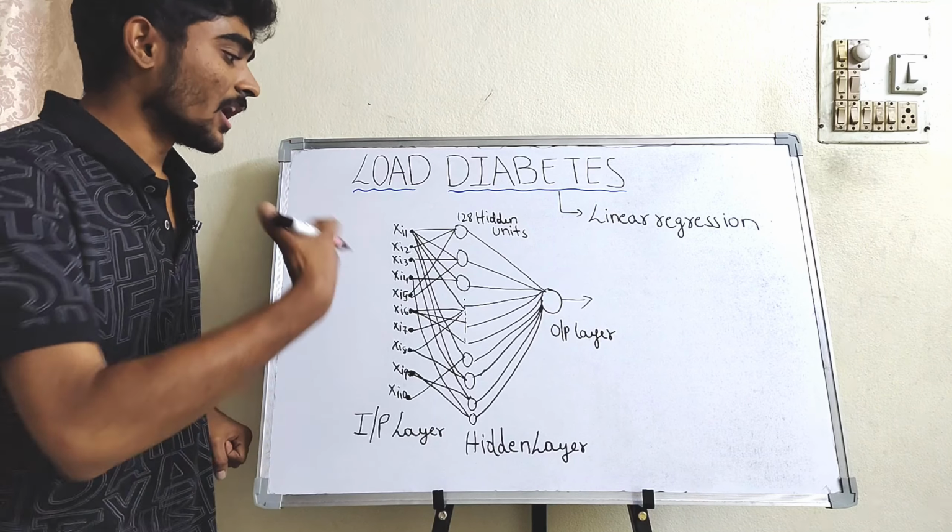So in conclusion, we can say that it is a two-layered neural network.